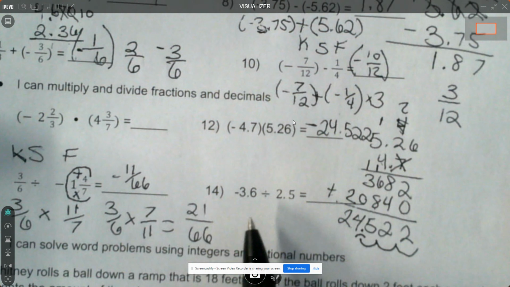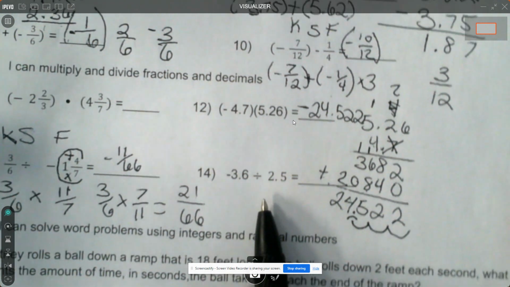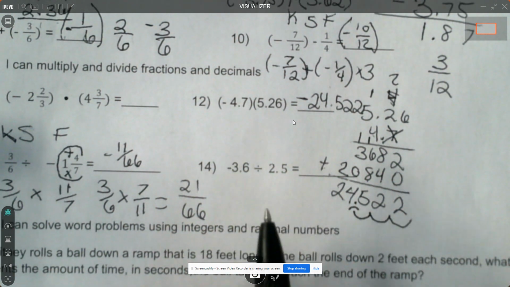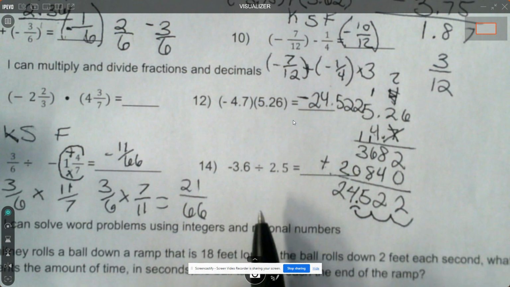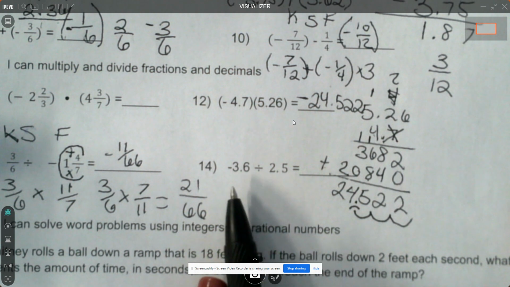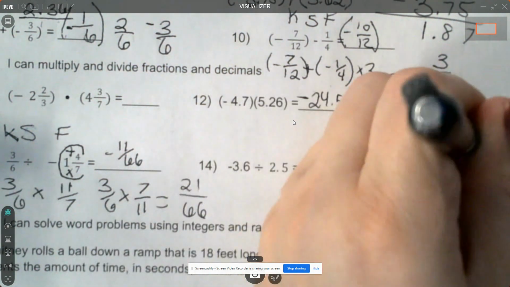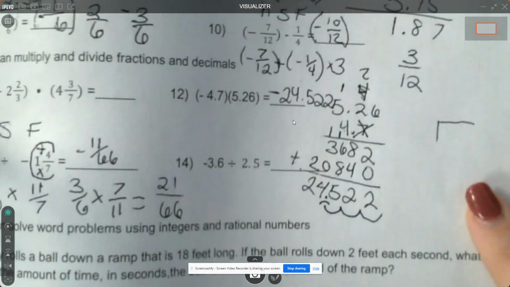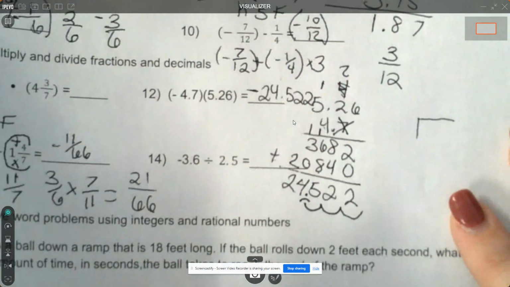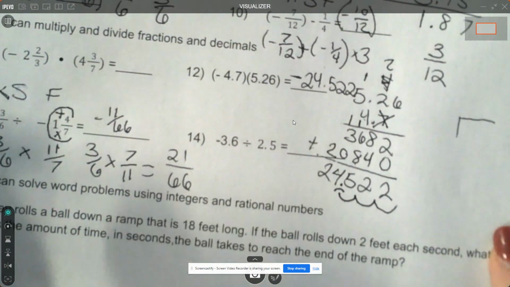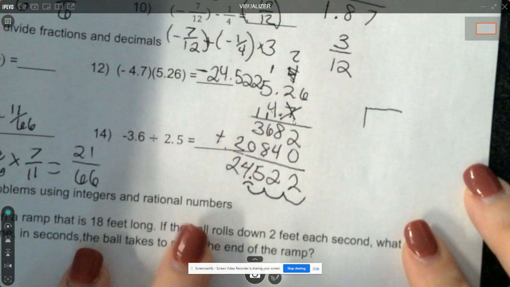Okay, division. I'll set this one up, but we'll solve it in just a minute. So when I divide, I do long division over here. What number goes inside, the 3.6 or the 2.5?